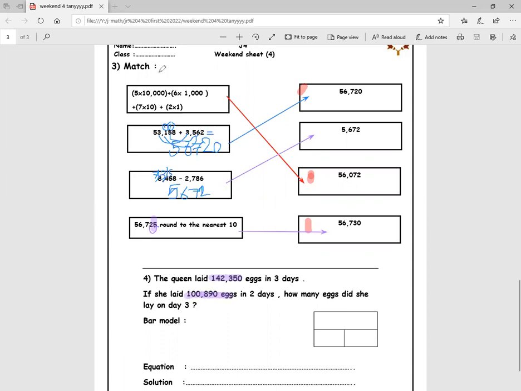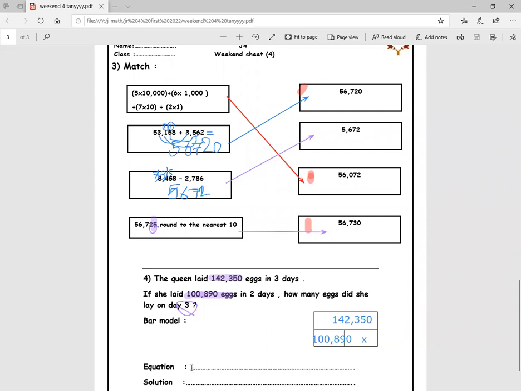So what is left for me is the third number, right? So I will treat 142,350 as a whole. And the 2 days will be 100,890. And the missing number, I will just call it by any letter. I can call it x.